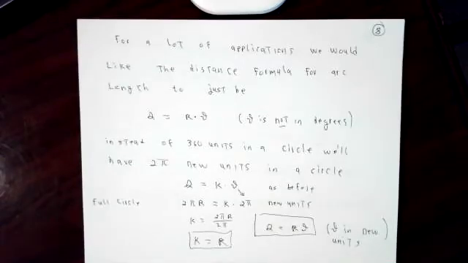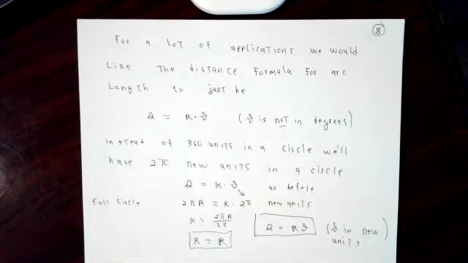There's a wide variety of applications in which you really wish that distance formula were simpler looking than it currently is. You'd like it to just be the radius times the angle, but you can't use degrees for that because we've already figured out what the formula for S is when you have theta in degrees.